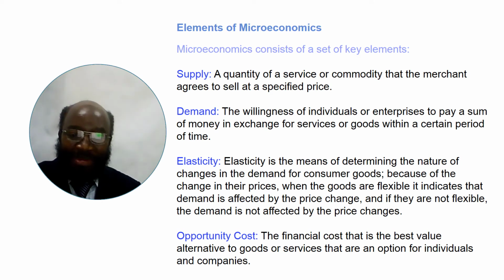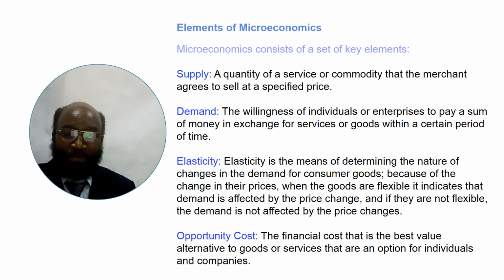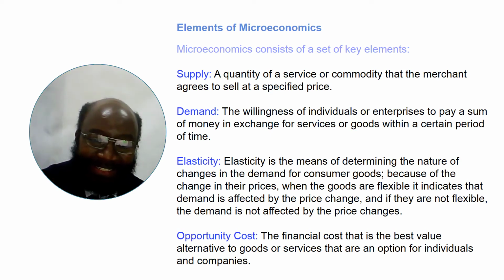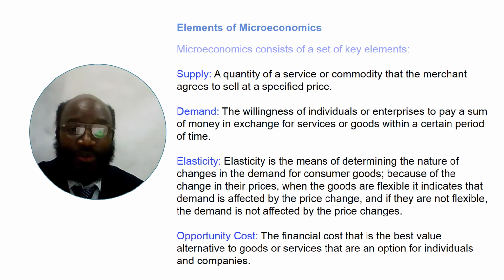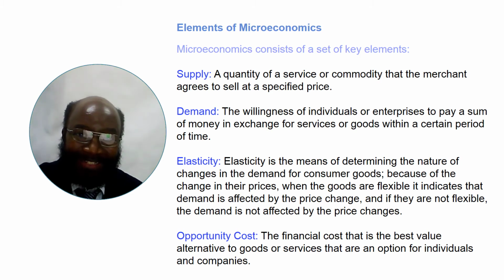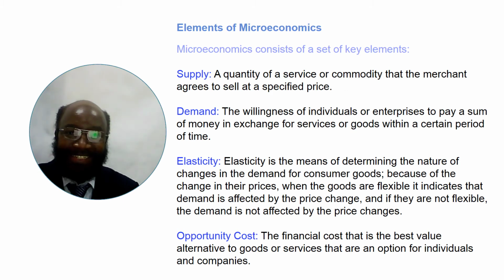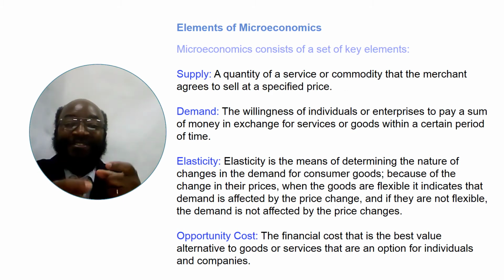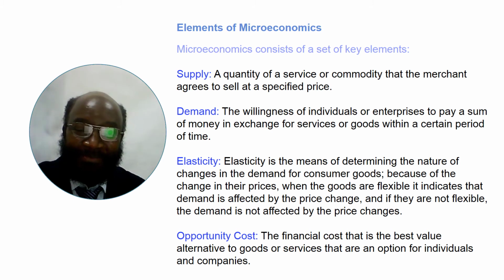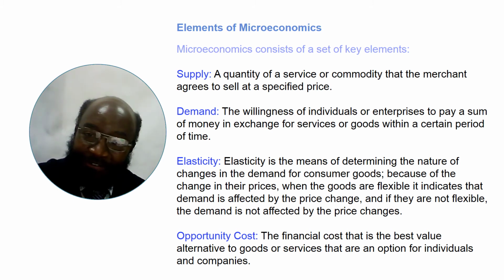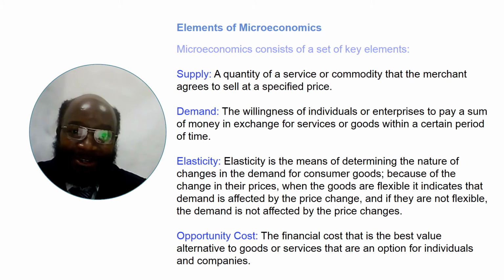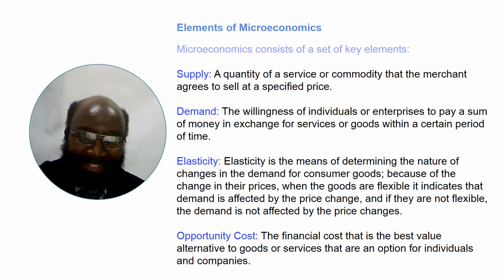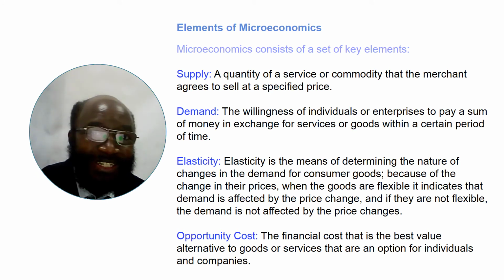Is the means of finding the nature of changes in the demand for consumer goods when supply changed. The relation or the interrelation between the changing of supply and the changing of demand we call elasticity.